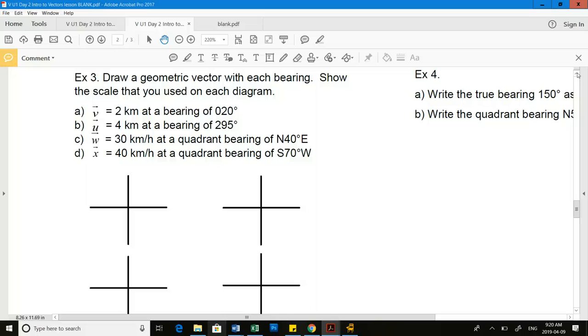So for instance, for the first one, maybe I can make 1 centimeter equivalent to 1 kilometer. And then you're going to have something that is probably 20 degrees from the north line. So that's probably going to look something like this. And then we're going to label it with its name. And we're going to say vector v equals 2 kilometers.